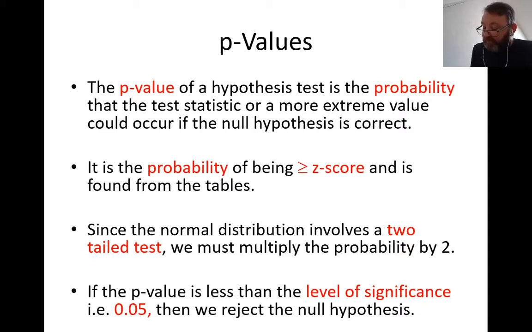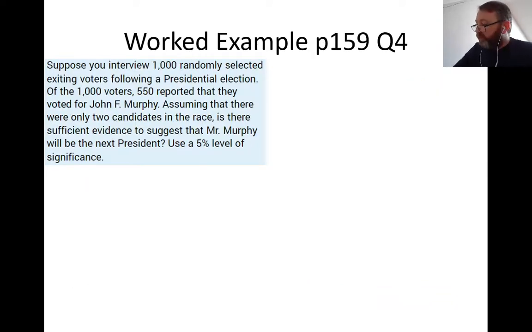If the p-value is less than the level of significance, if it's outside that 0.05, then we reject the null hypothesis. And don't forget, as we go to the two tails, we're going into 2.5% each. So if we take the probability, multiply it by 2, and it still falls under 0.05, that means it's in the critical region. So therefore we're going to reject the null hypothesis. Now, enough waffle, let's get on with the questions.